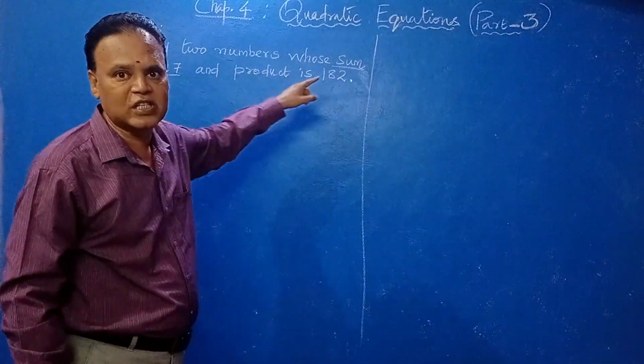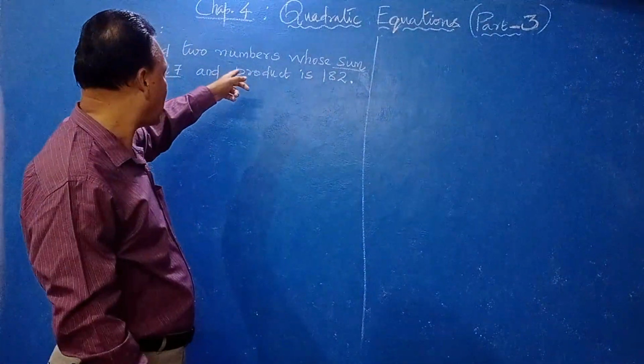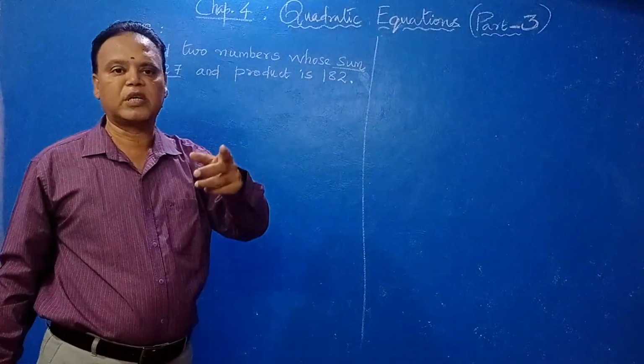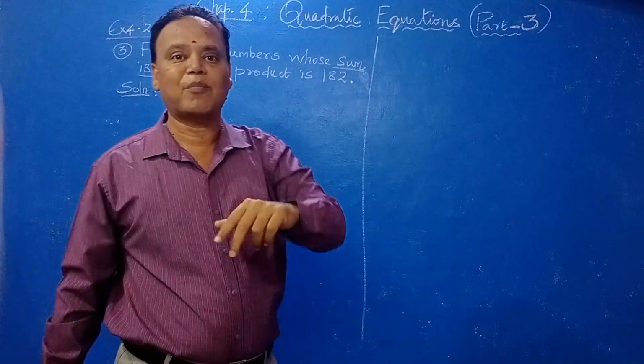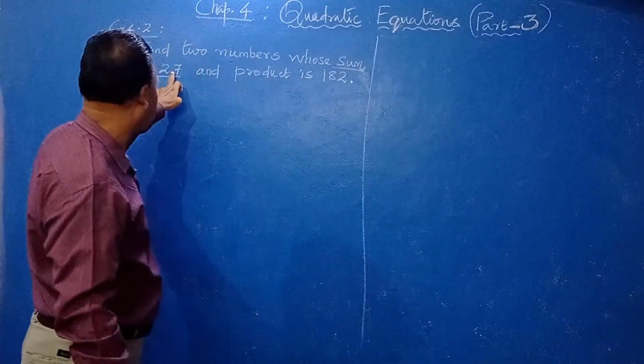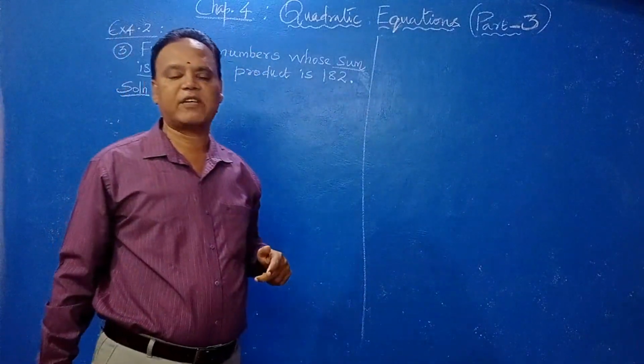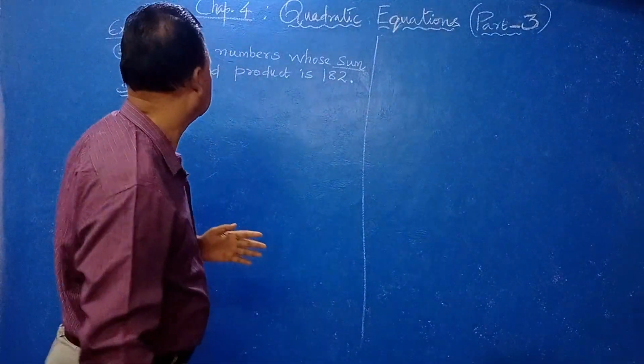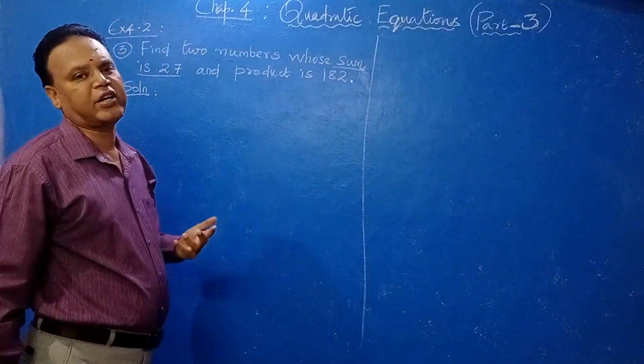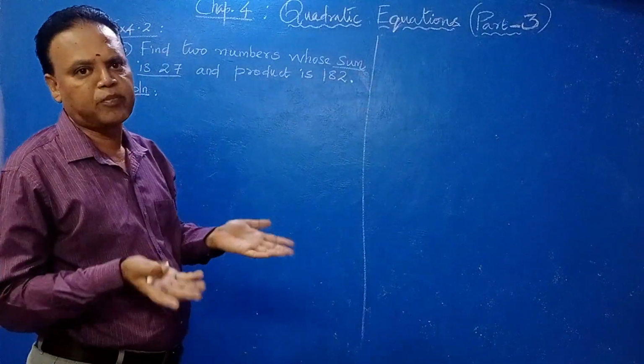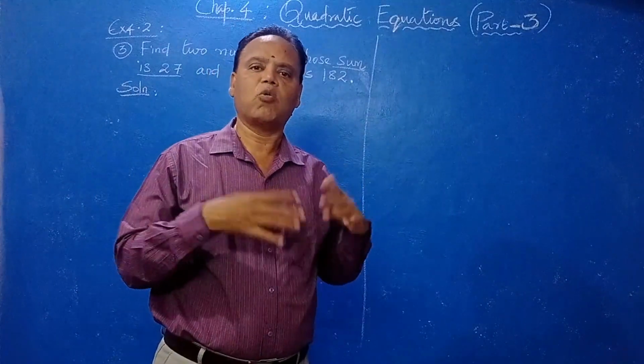From the sum you have to subtract. That is 27 minus x. And the product is 182.